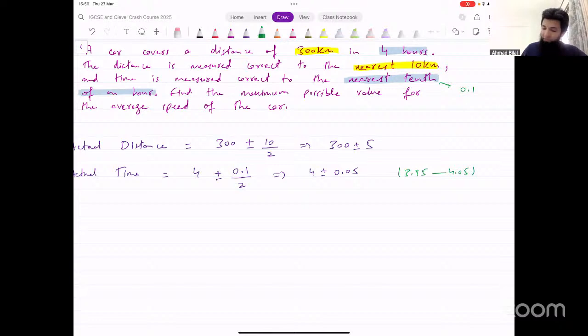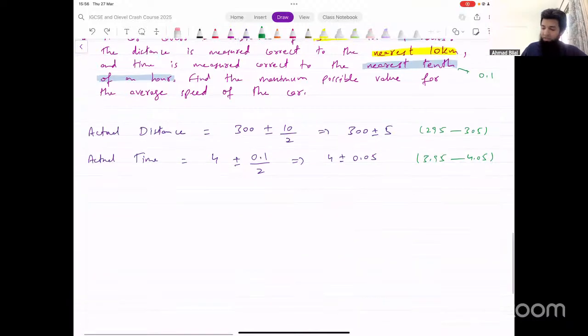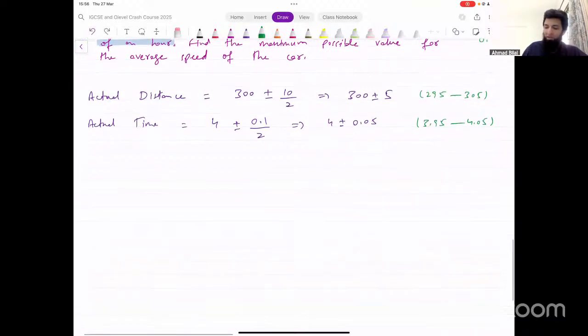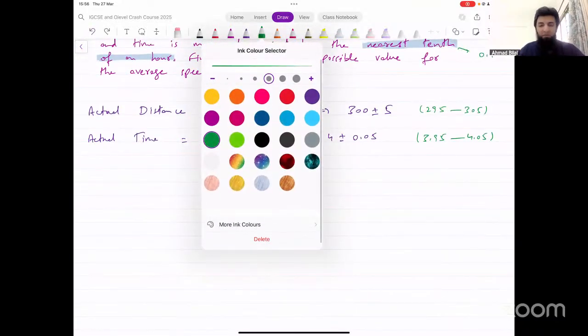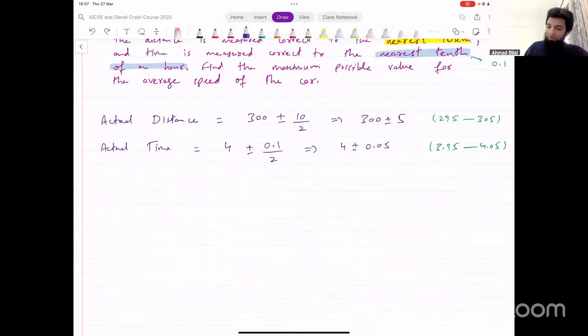So distance is anywhere from 295 to 305. You see all values in this interval would round off to 300, right? And time is anywhere between these two values. And again, you can see numbers between 3.95 and 4.05 would round off to 4. These are the maximum and minimum possible values for distance and time. What were we looking for? We were looking for the maximum possible value for the average speed of the car.